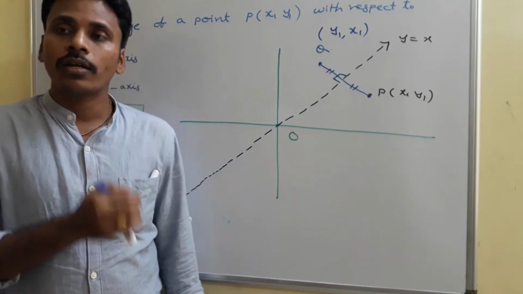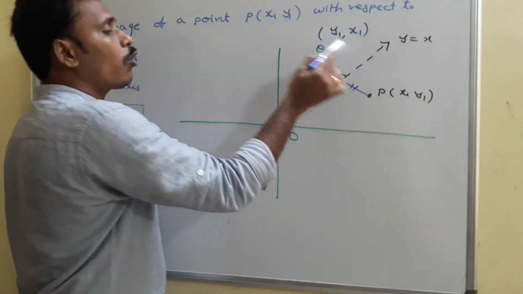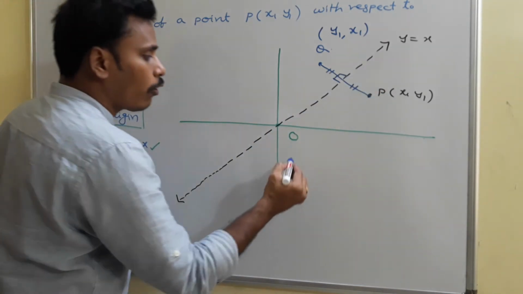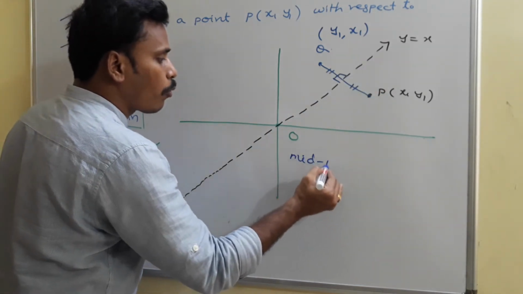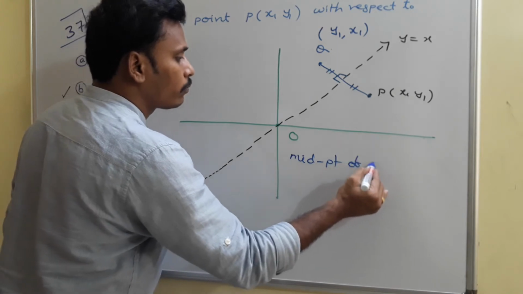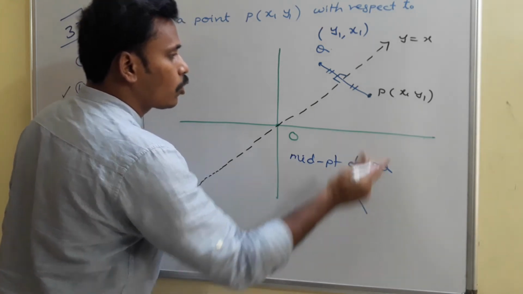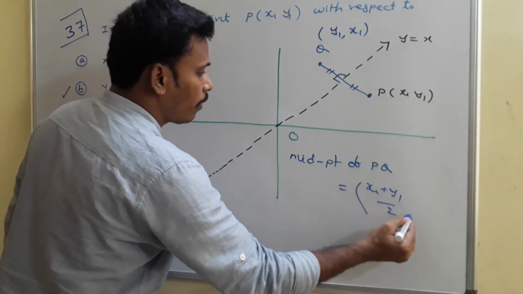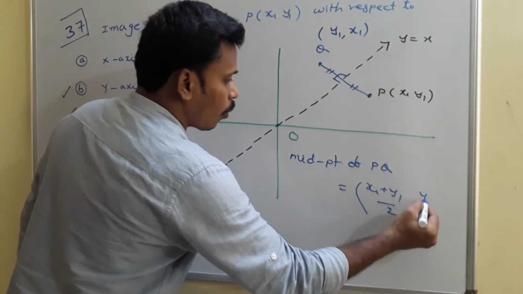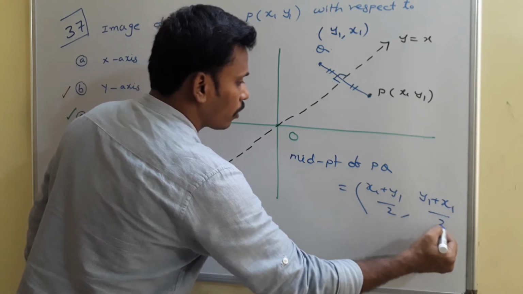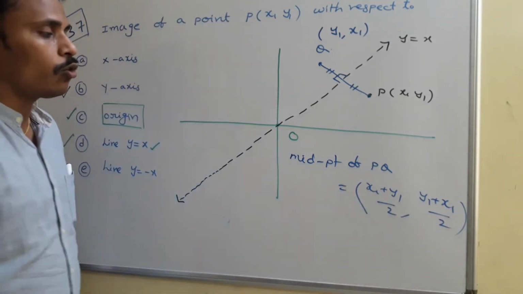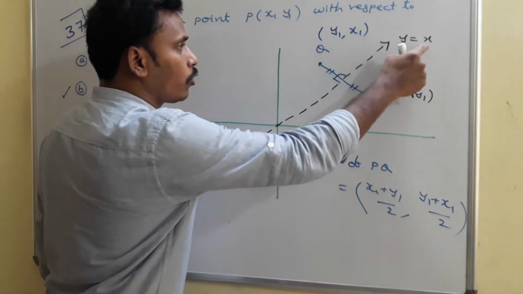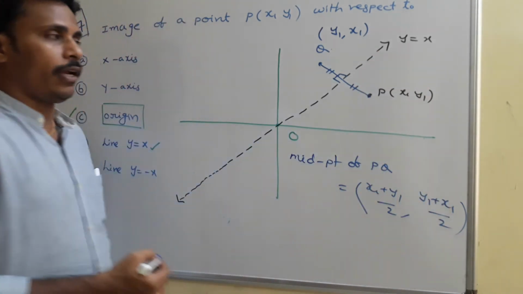How to check? One thing is that the midpoint of PQ lies on y = x. What do you say about the midpoint of PQ? If you write the midpoint of PQ, you will get ((x1 + y1)/2, (y1 + x1)/2). So this is the midpoint of PQ, and for this midpoint both the coordinates are the same. That means y = x is true for this midpoint.